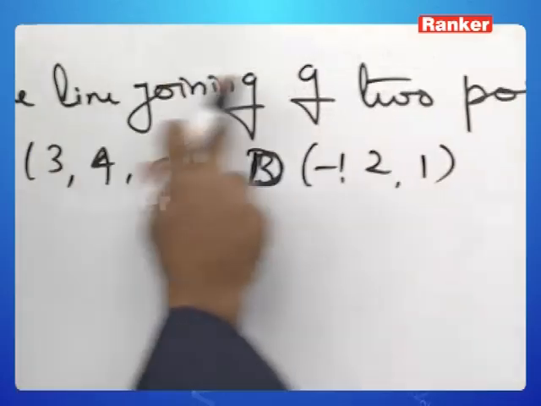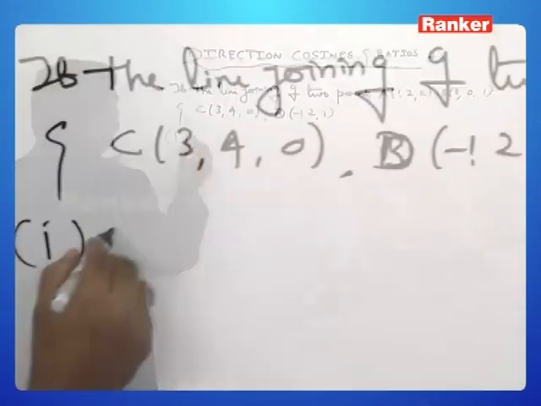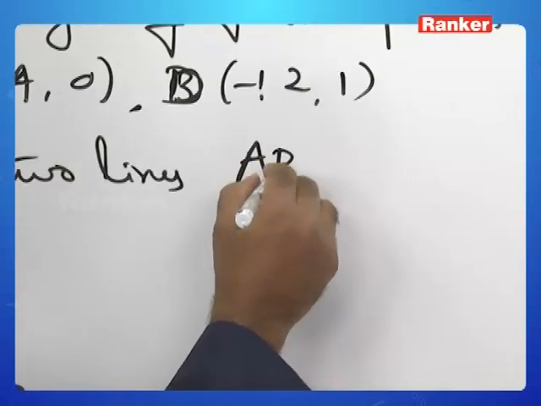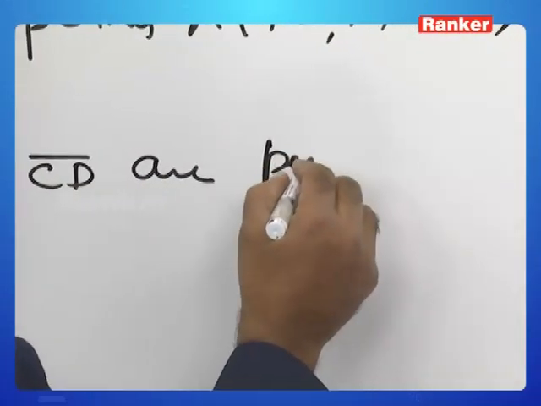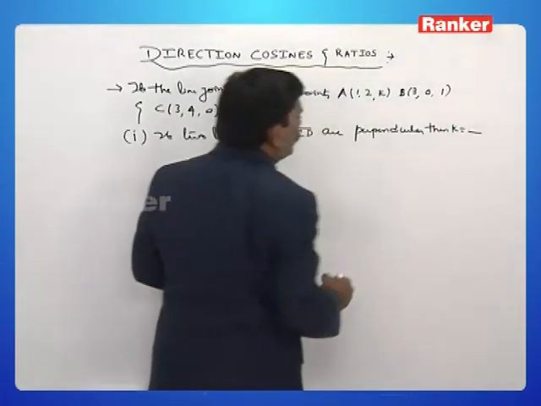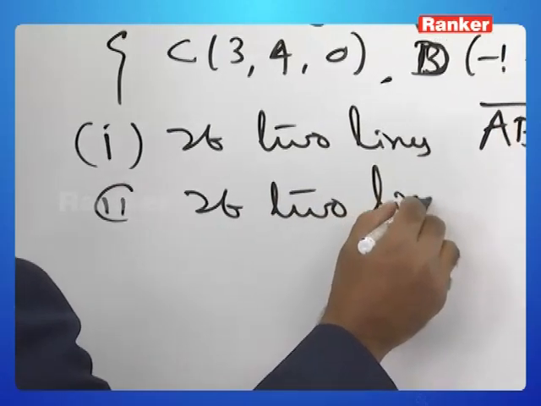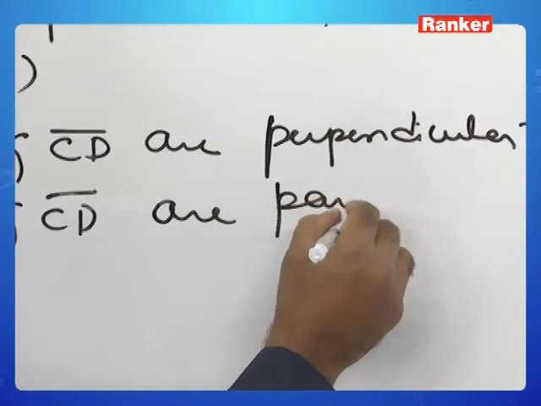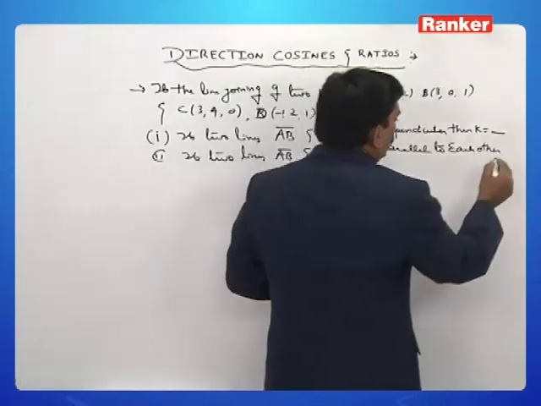Now, the line joining points A and B, and C and D. Case 1: if the two lines AB and CD are perpendicular to each other, then k equals dash. Second: if the two lines AB bar and CD bar are parallel to each other, then k equals dash.